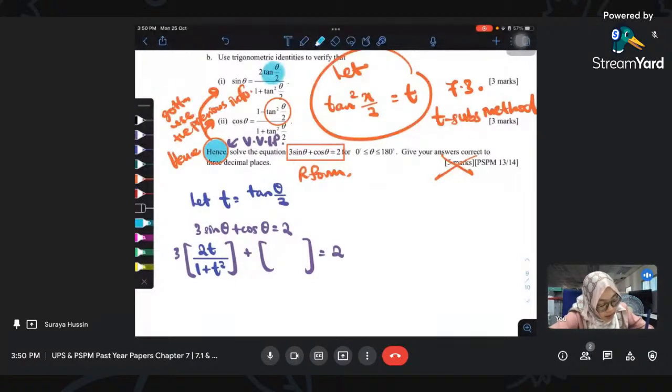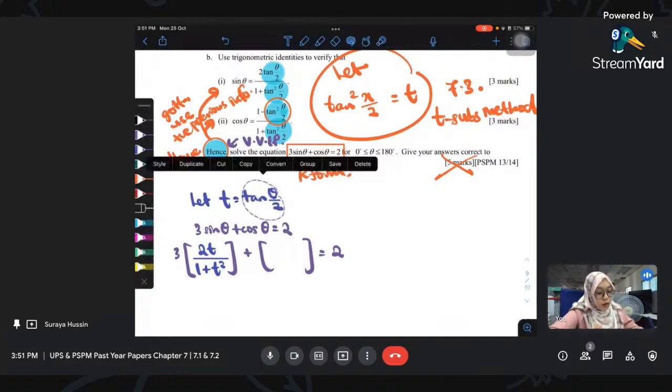Okay, you dah banyak kali buat latihan, you mesti terus nampak punya. So, that is maths. That is really all about maths. Sebab itulah saya minta kita semua buat banyak latihan, disebabkan saya nak kita semua mudah nampak yang kita terus pakai t-SUBSTITUTION, and therefore we let t is equals to tangent theta over 2.